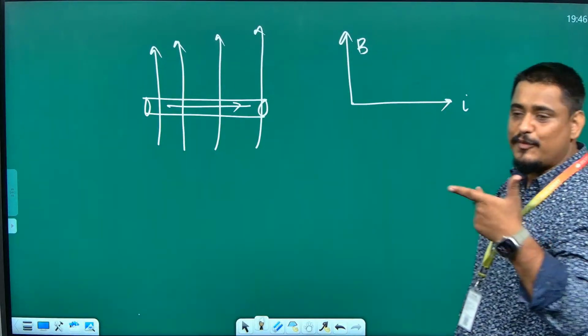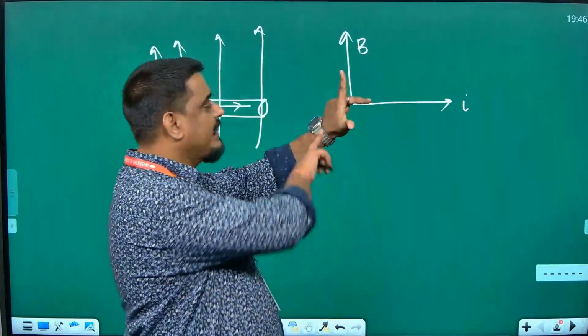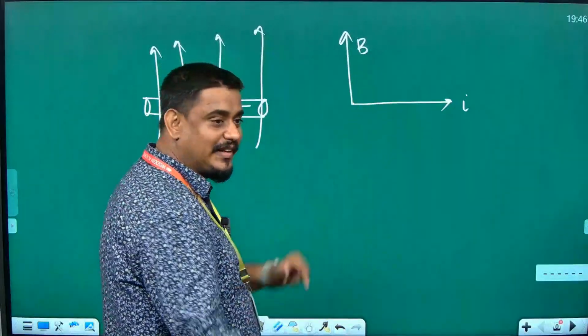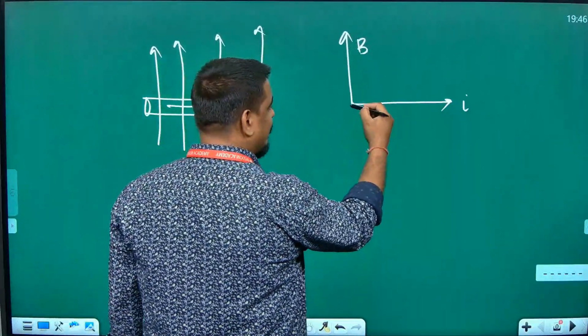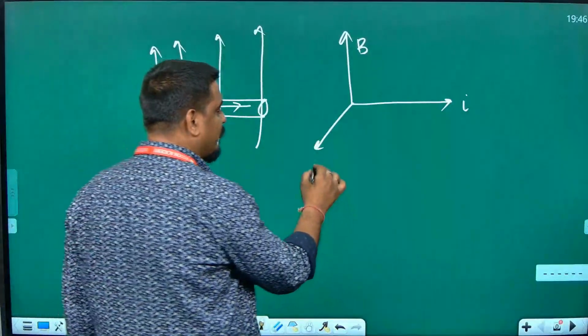By the left hand thumb rule, the force on the charge will act towards you, the positive z direction. This will be the direction of force.